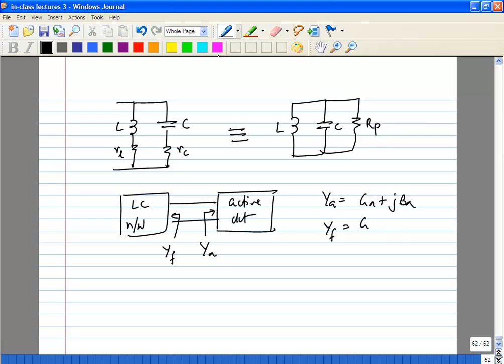So let's say these are the... So conditions for oscillation would become... that is the same as your R1 equals minus Rp. The other condition would be BA plus BF is 0.